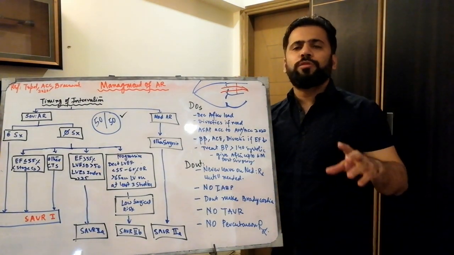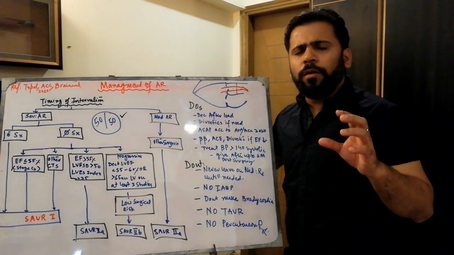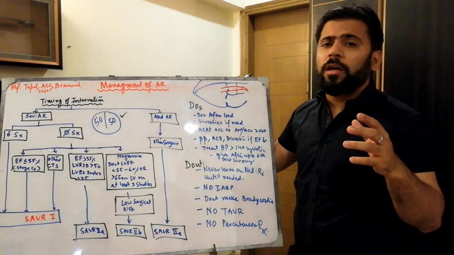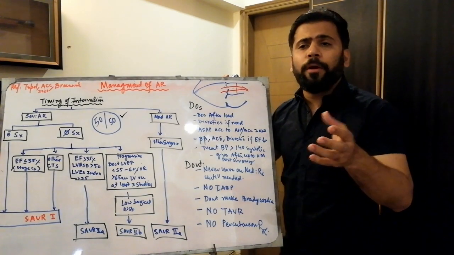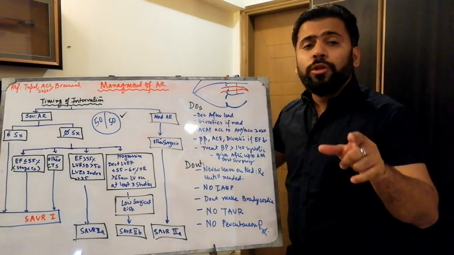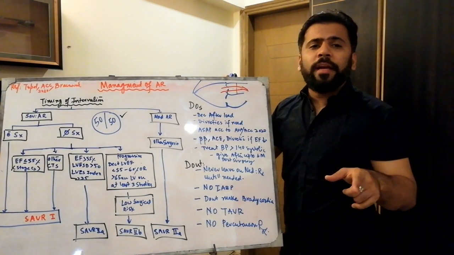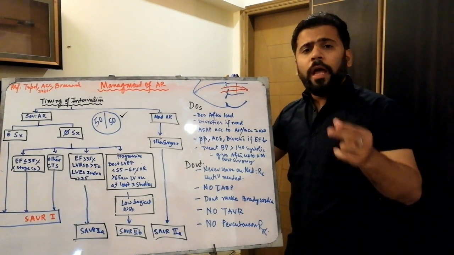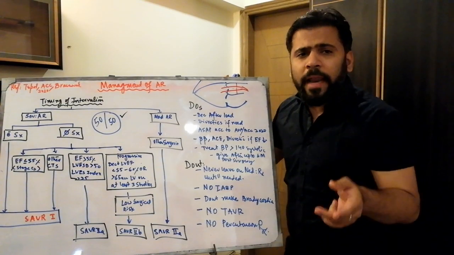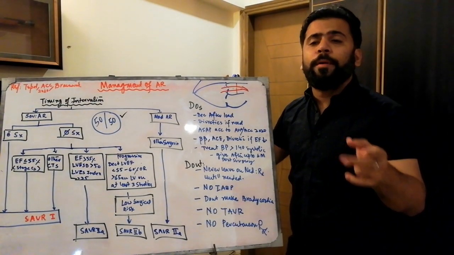But there is one condition which is proven in certain studies: if your patient has Marfan syndrome and has AR because of the dilated aorta, then in that condition you can give ARB or ACE to decrease the afterload, and it will give some mortality benefit to those patients. Why?